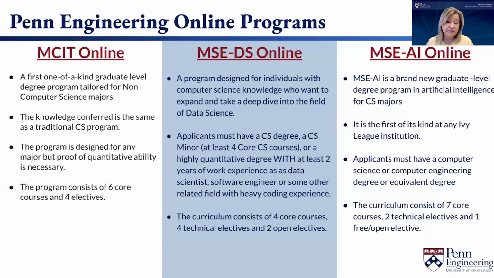And sometimes our MSc-DS online students have a highly quantitative undergraduate degree and they're working in the field coding on a regular basis. So that's the qualifications for applying to the MSc-DS online program.